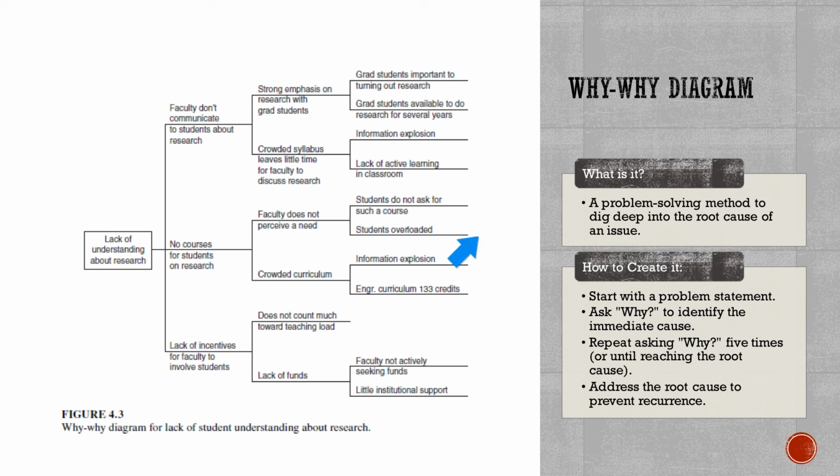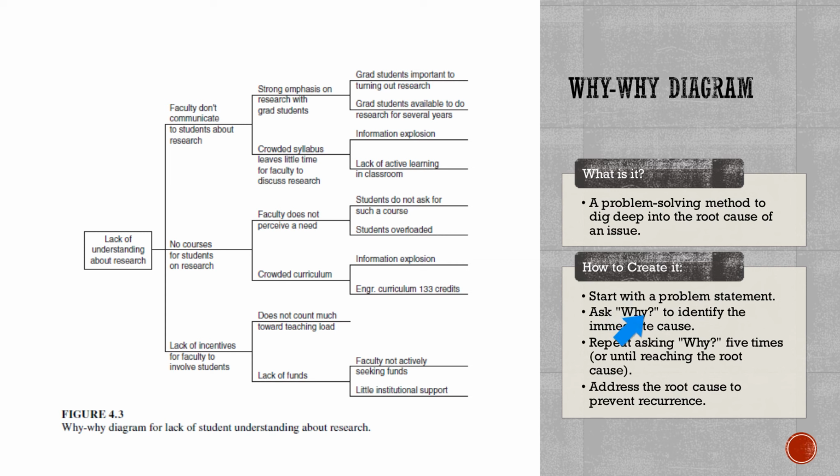And then how to use this Why-Why diagram. You need to ask the problem, why does lack of understanding about research happen? You can answer that question by putting the answer on the next level.